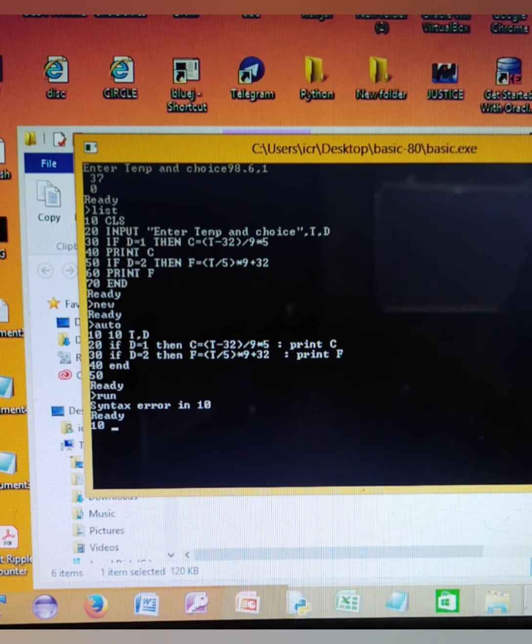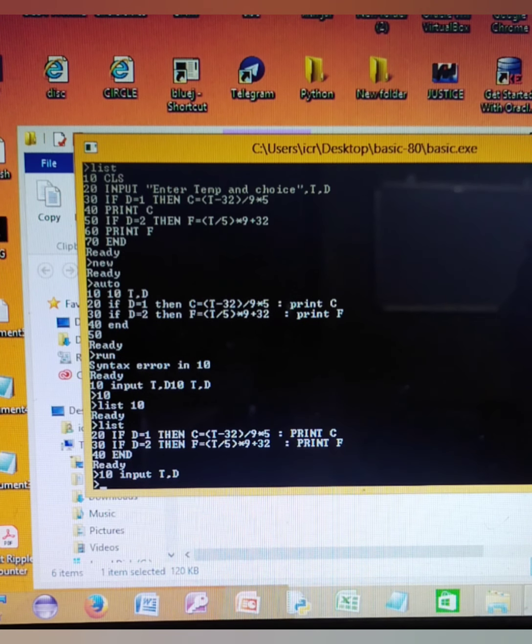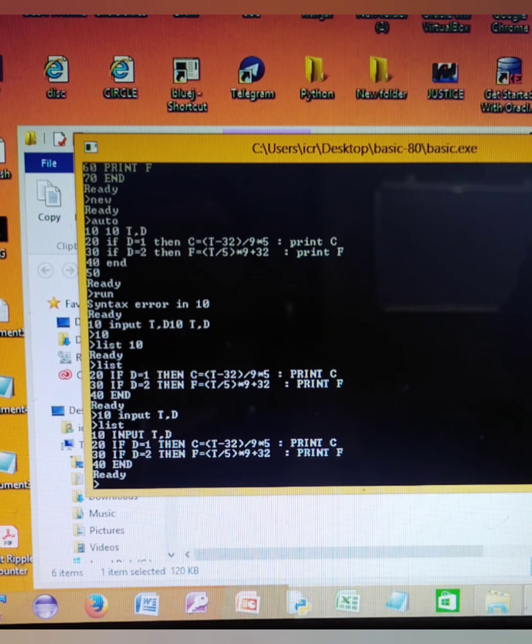So in 10 let me write, instead of writing input, it's giving 10 input T comma D. Put here 10 input, and now we'll write a list. So now it's okay.